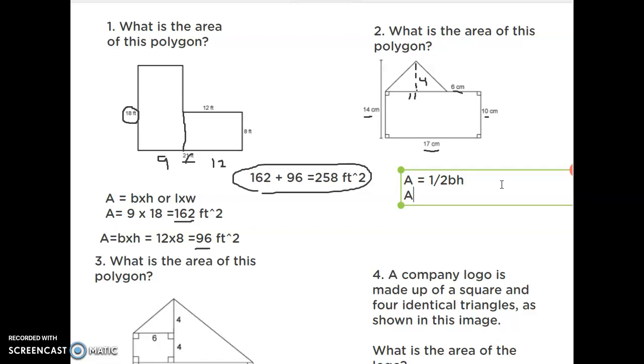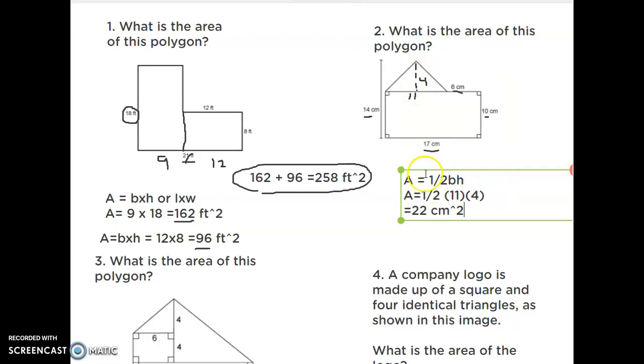So 1/2, our base is 11, our height is 4. 11 times 4 is 44, and half of that would be 22. So the area of our triangle is 22 square centimeters.